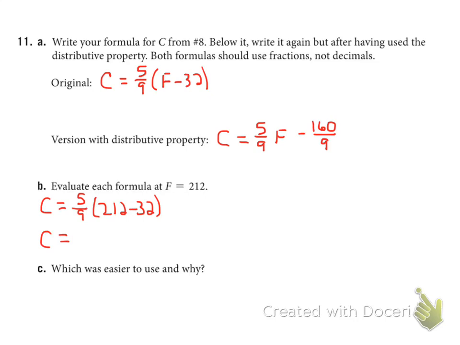Let's start in the parentheses. 212 minus 32 is 180, which works out very nicely because 9 will go into 180. So we can cancel the 9, and 180 would become 20. And 5 times 20 is 100 degrees Celsius.